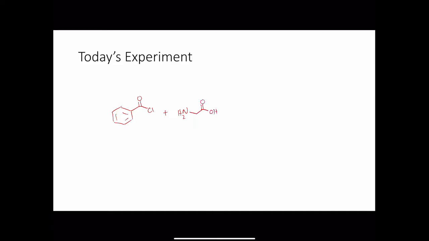So if we expose both of these to sodium hydroxide, we get to this hippuric acid compound. Now this particular compound isn't the actual acid. This is the sodium salt of it, so there is no proton on that carboxylic acid oxygen, okay? So in order to get to the hippuric acid, we have to neutralize that with HCl, okay?